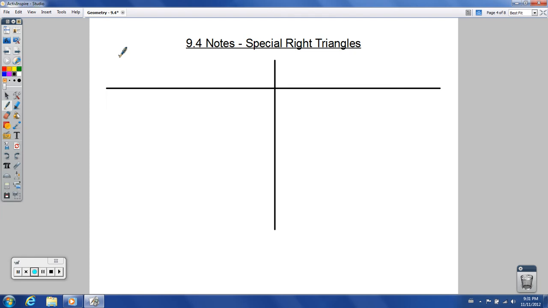So one of them is the 45, 45, 90. I'm going to put little degree marks in here too because it's 45 degrees, 90 degrees. This is the 45, 45, 90 triangle theorem for short. And this is theorem 9.8.